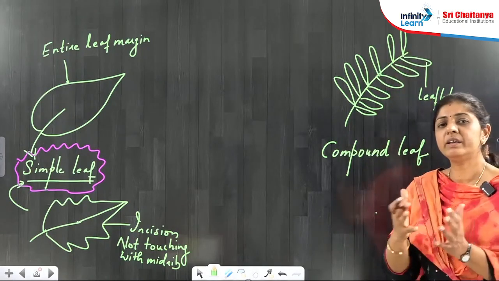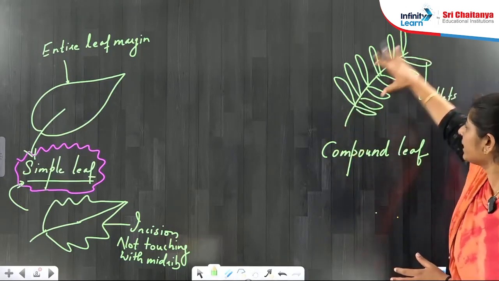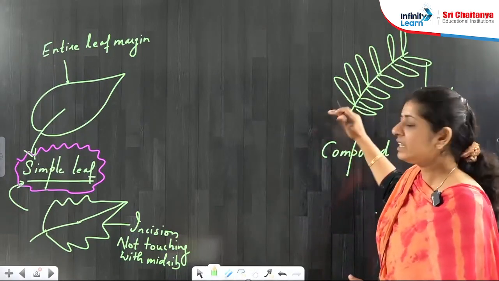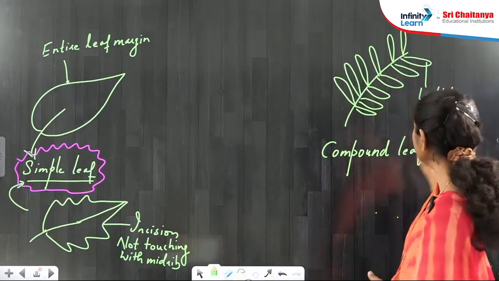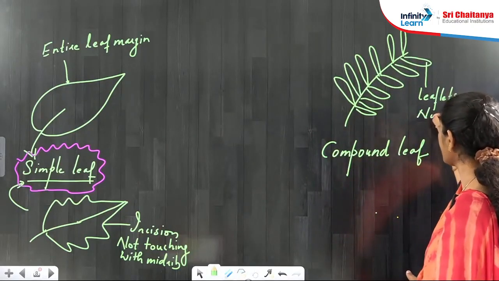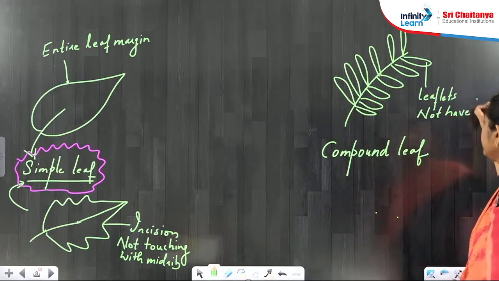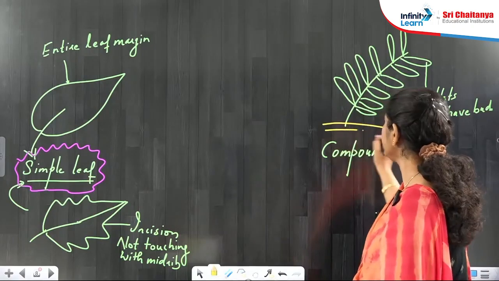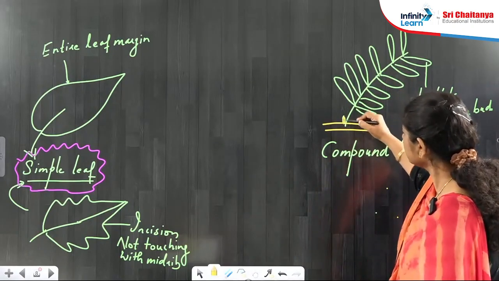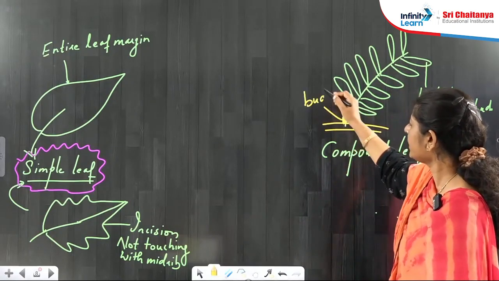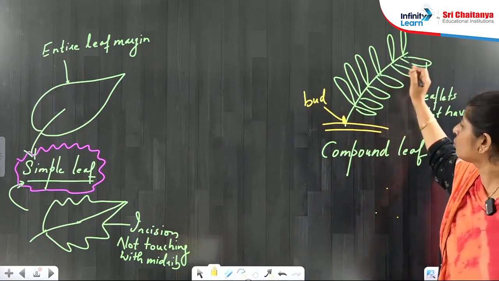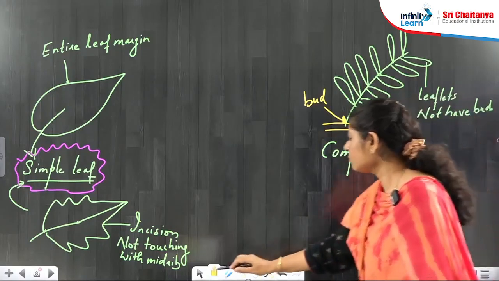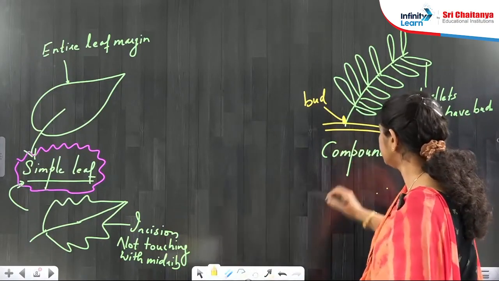These are leaflets, and this complete one is one leaf. How can we say this complete one is a leaf and these are leaflets? Because leaflets will not have buds at their base. If I take this complete as a leaf on a stem, in its axil a bud is present, but a bud will be absent at the base of the leaflets. On that ground, I can say this is a compound leaf having leaflets.